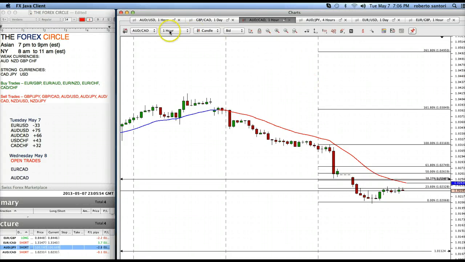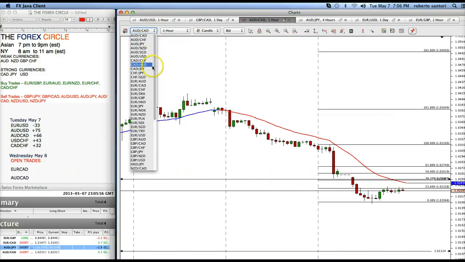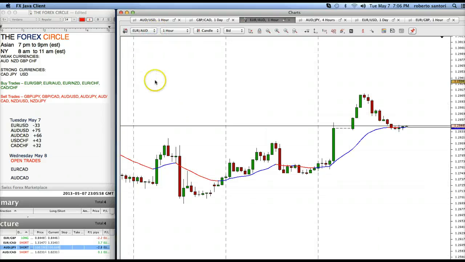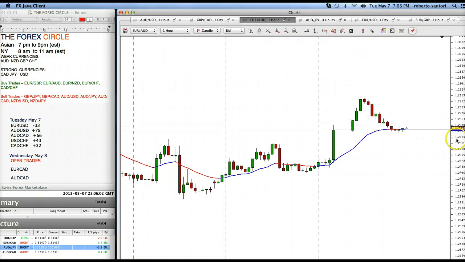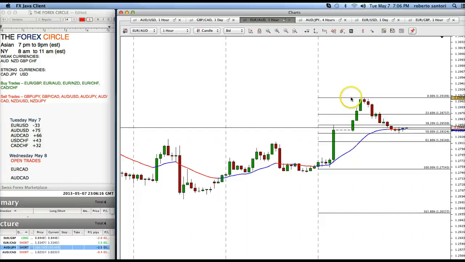Euro Australian dollar. And since the Australian dollar is selling off, then the euro is going up against the Australian dollar. There's a nice support level, color change candle. This looks like a good entry right here. Here's the swing low, swing high, bouncing off the 50% retracement level. I would take this trade right now.